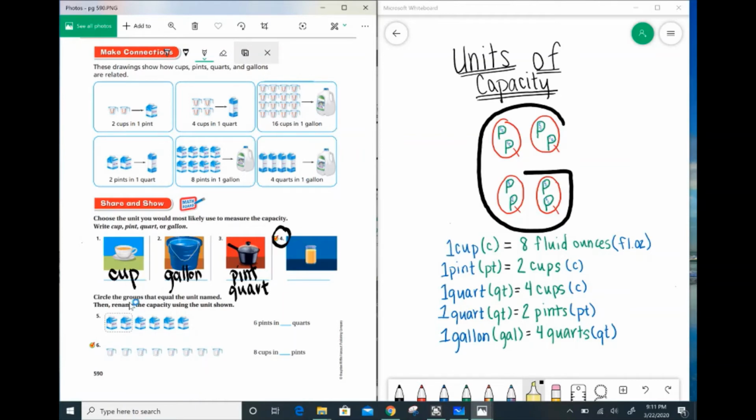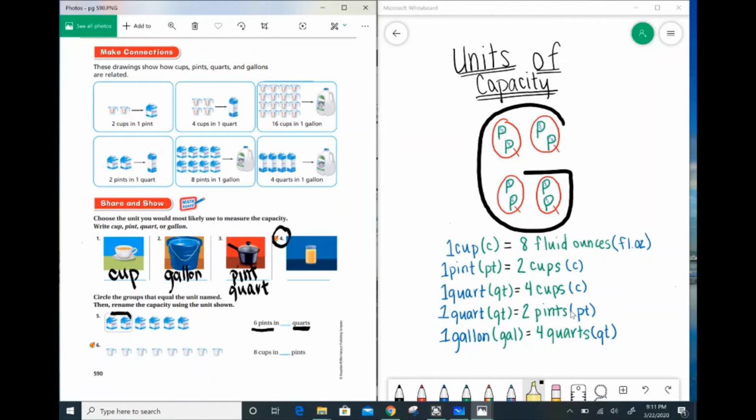It says circle the groups that equal the unit named. Then rename the capacity using the units shown. So I know I have 6 pints, as it shows me right here, and I'm looking for how many quarts 6 pints equals. So I know if I have 1 pint, I'm going to go to my quarts actually. So 1 quart equals 2 pints.